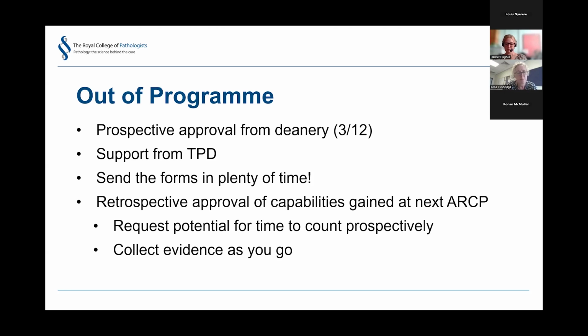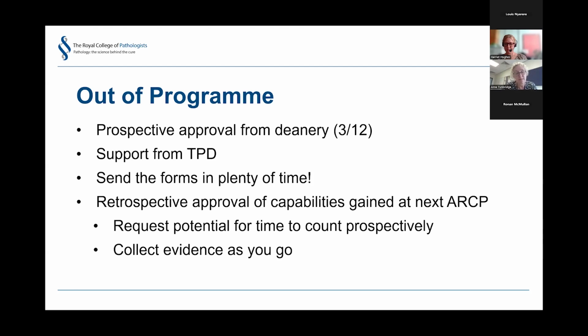You come back at the end of your PhD, 3 years have gone by and suddenly you realise you've still got another 3 years in your programme and you're like, come on, I've grown, I've developed, I've got so much more experience. So we can retrospectively approve those capabilities when you're reviewed at your next ARCP. But it is expected that you have sent in a form detailing what your options are before you go OOP. And it's a little bit complicated, but your TPD should be able to advise you on that.